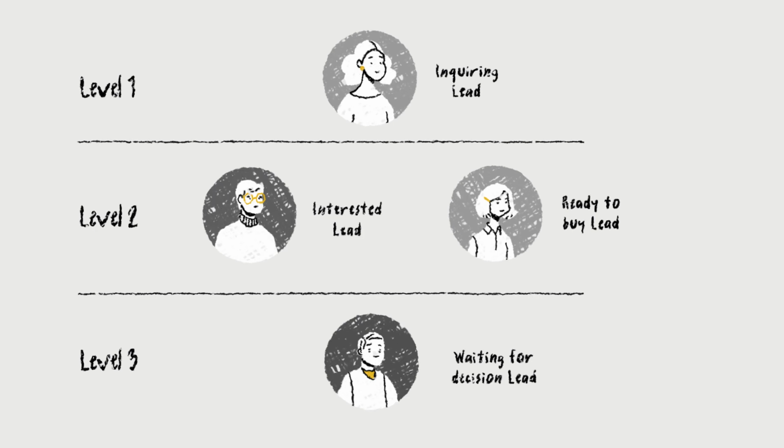So now you may be asking, wait, did we just skip the ready to buy lead? Yes, we actually did, because the ready to buy lead is not a step that is in the same level of the interested lead, but I made that category for myself for clients who are repeat clients, right?